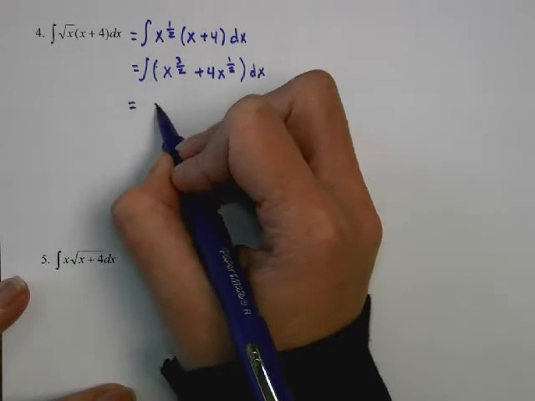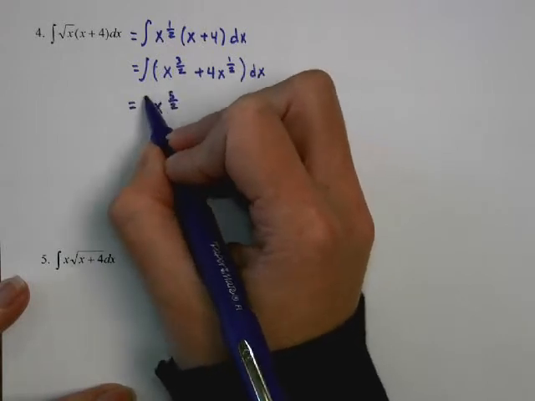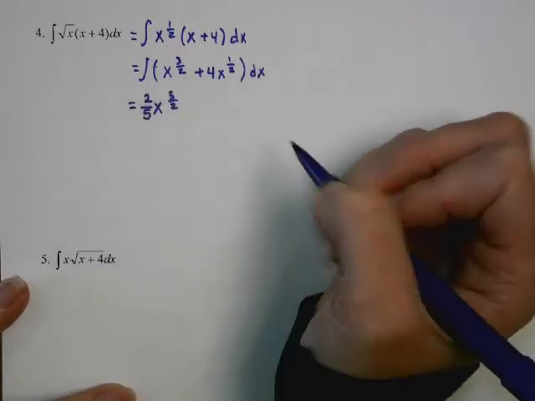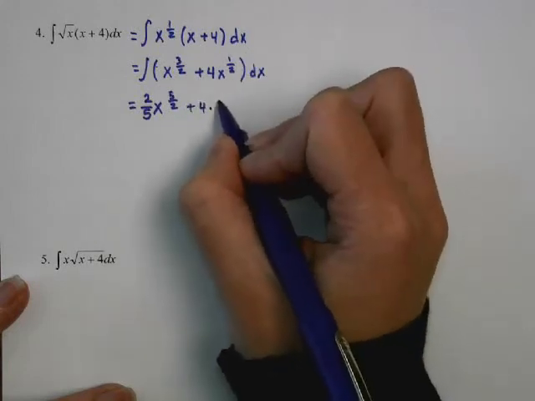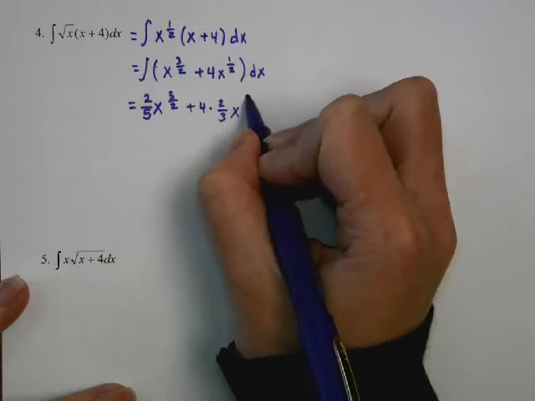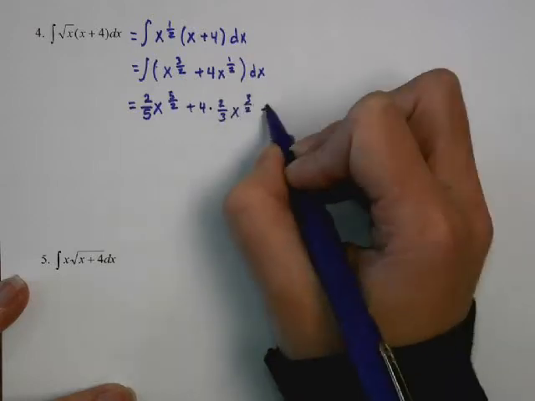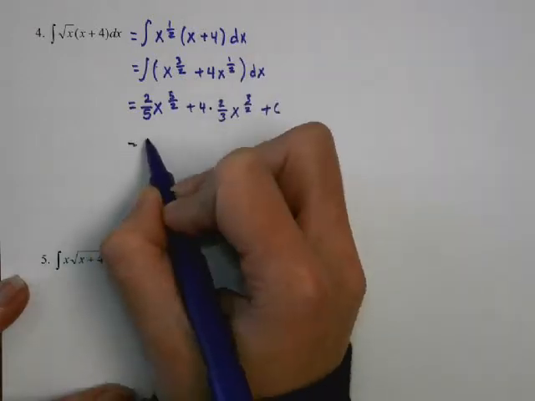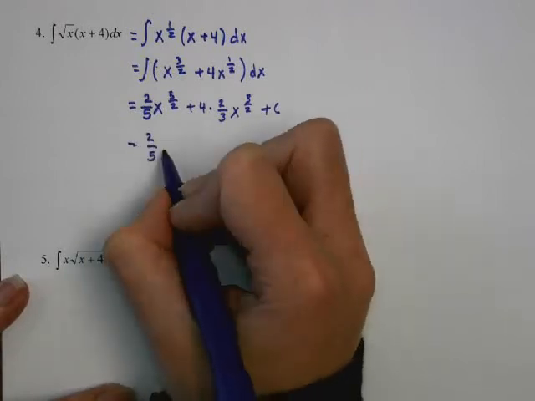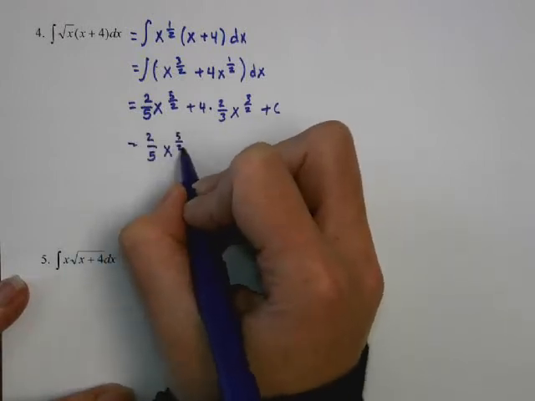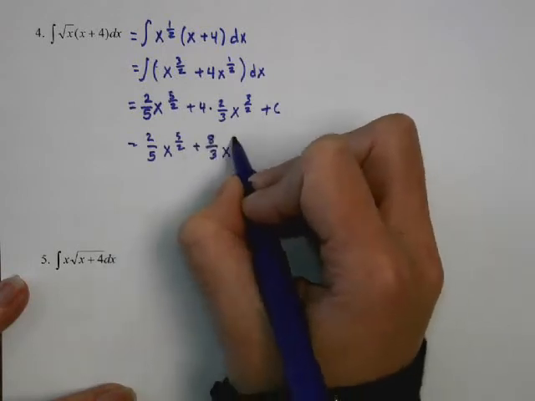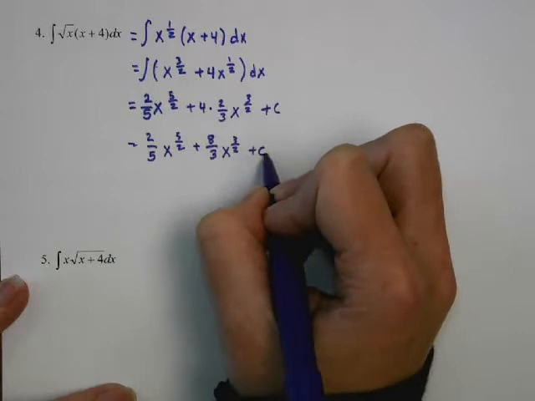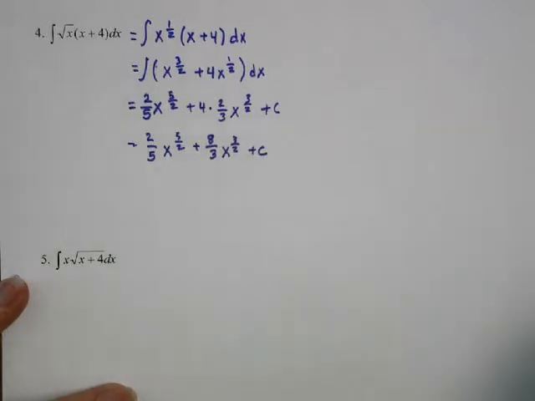So we're going to add 1 to this power, so that's going to be 5/2. So we'll divide by that, or multiply by the reciprocal. Add 1 and divide by the reciprocal there. So this is 2/5 x to the 5/2 plus 8/3 x to the 3/2 plus c.